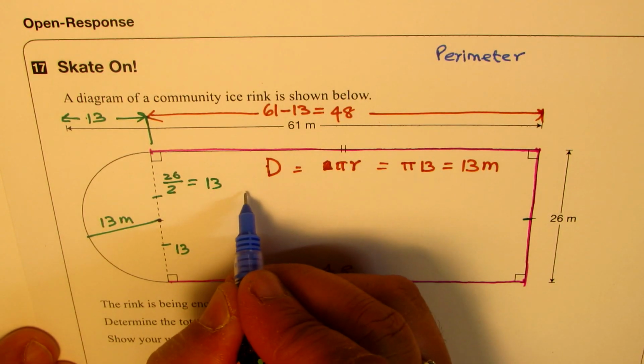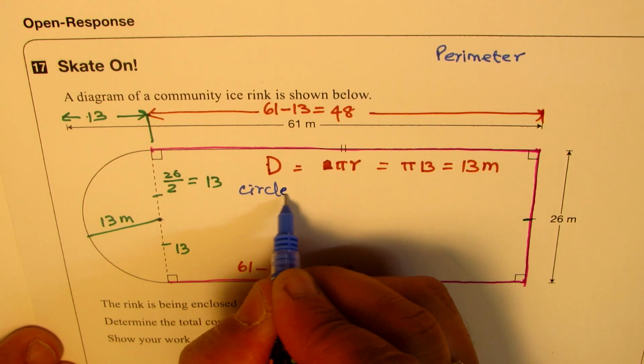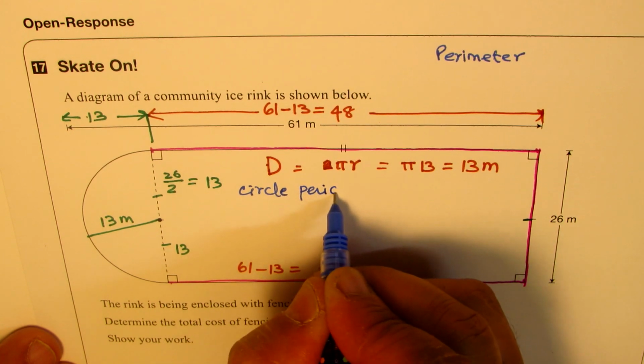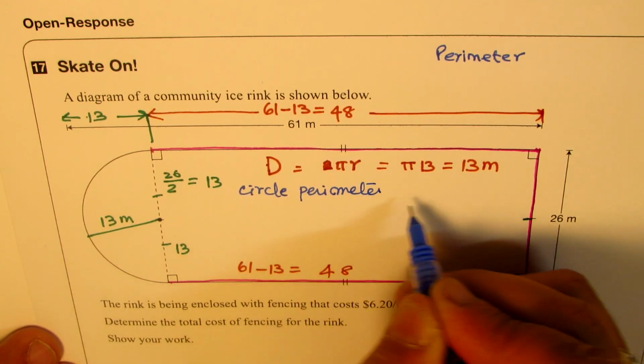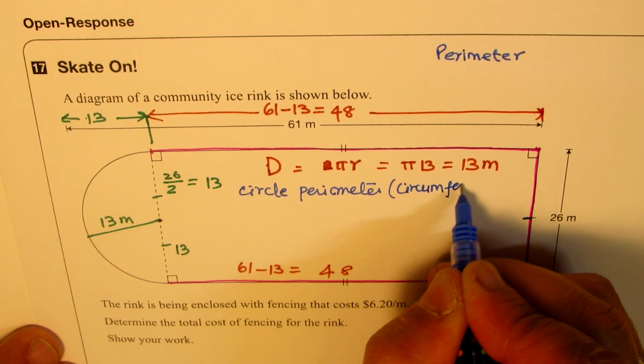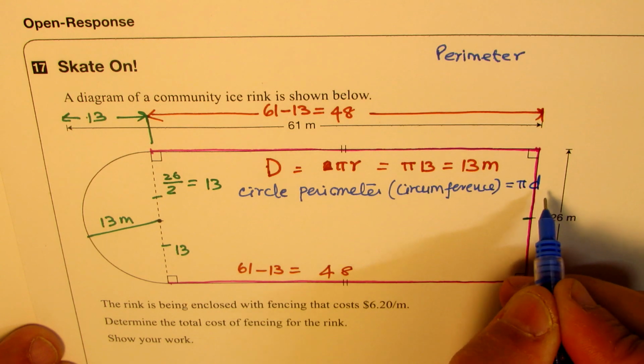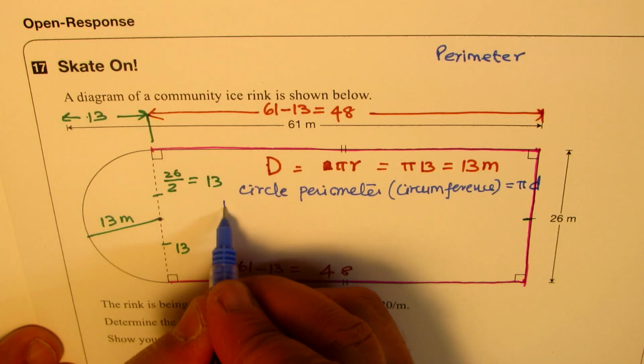Normally, we can say circle perimeter, or circumference, is pi d, right? Pi times diameter. In this case, it is a half circle, right?